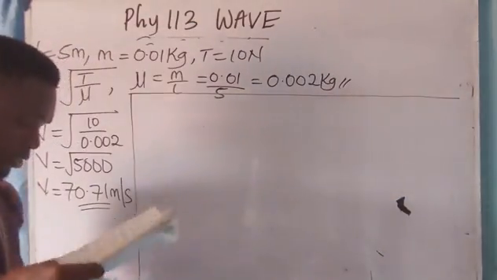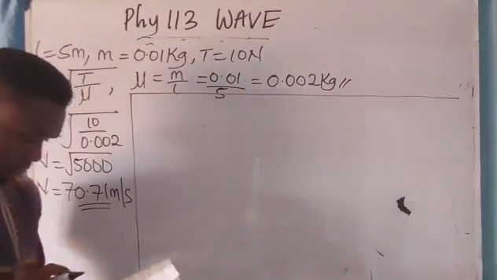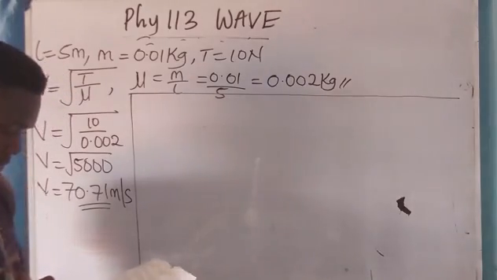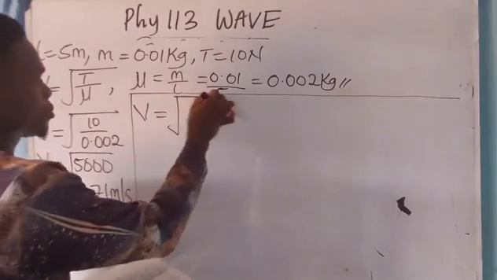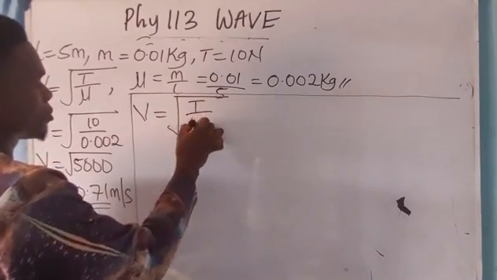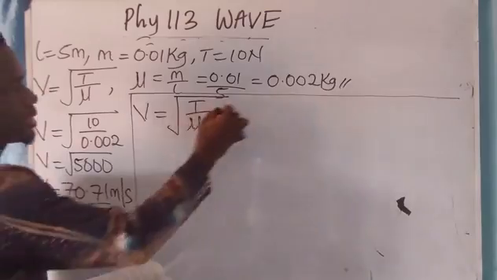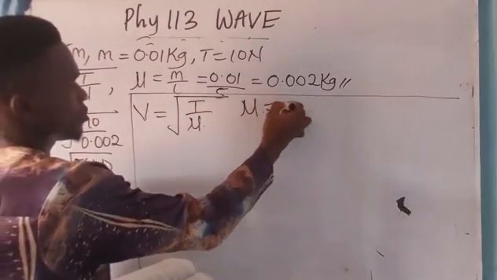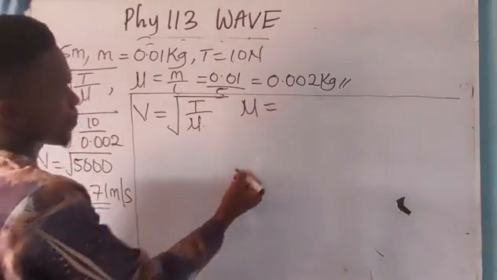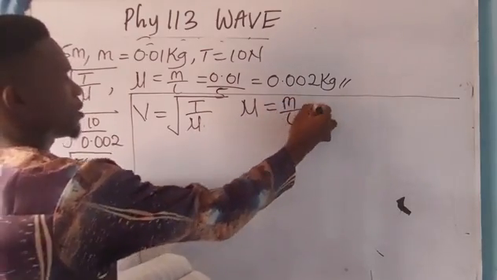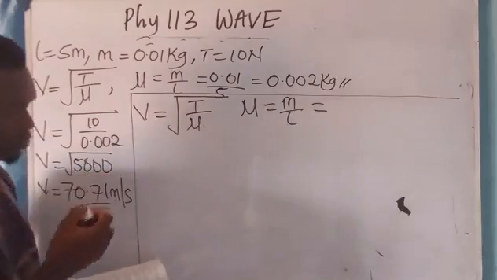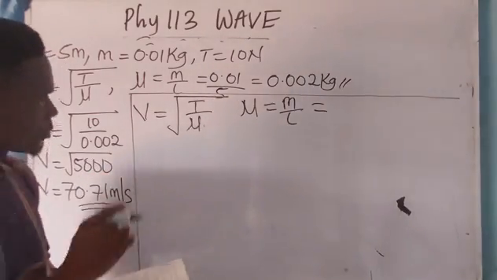So let me check the question again. It gave us that V is equals the square root of T over what? Alright, then I said that U is equals M over L. Mass is given from the question. Where is the mass again?